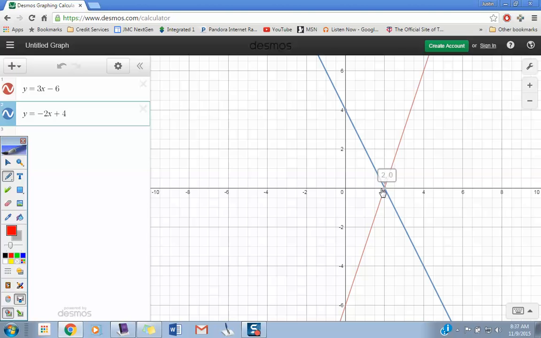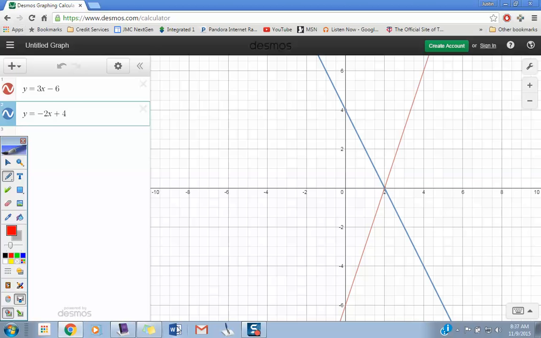Basically, today you're looking for a point where the two lines do what? Meet. That point where the lines meet is going to be the point that is the solution to your system. So when we start looking at graphing today, in order to solve this, I need to know where these two lines actually meet or cross.